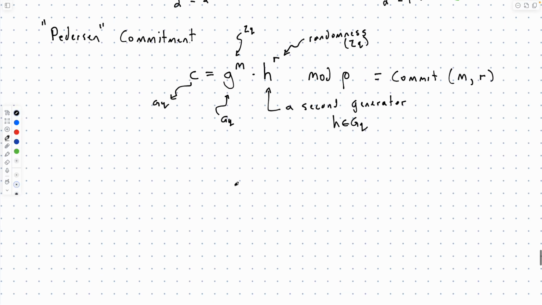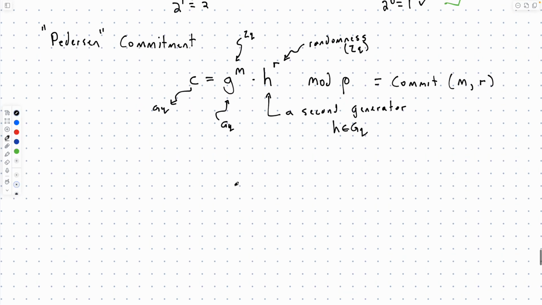We also need a way of opening this commitment. How do I open the commitment? Sorry, I'm going to open C. It's going to be a process, not an equation. What happens is I'll reveal both M and the R as well.